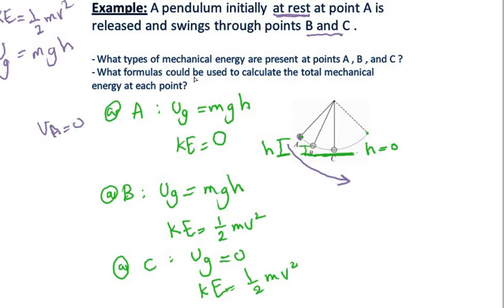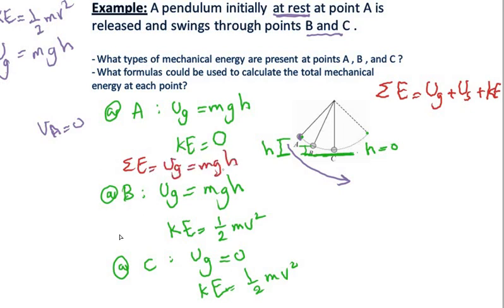What formulas could be used to calculate the total mechanical energy at each point? The total mechanical energy, or sigma E, is the sum of Ug plus Us plus Ke. I mean, it's the sum of all types of mechanical energies. So at point A, sigma E is the sum of Ug plus 0, so it is Ug, or mgh.